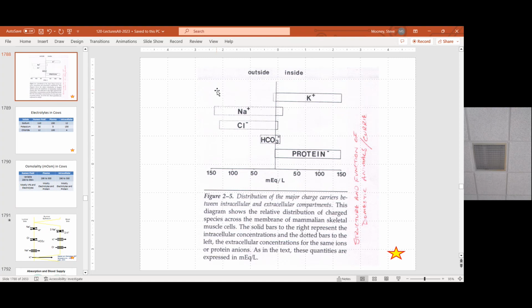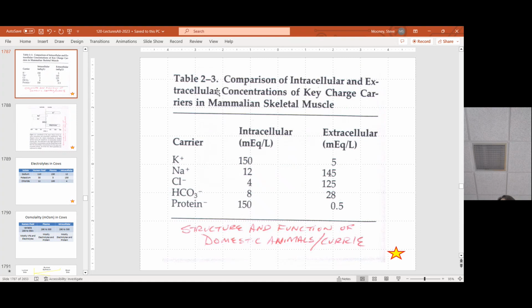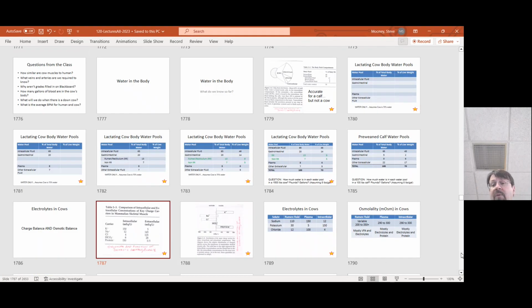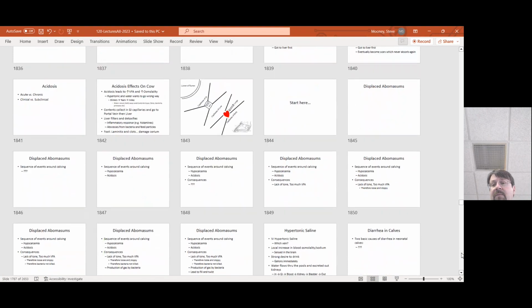You also have the table in the slide before that shows a little bit more of the numbers. Both of those columns approach 300 inside and outside, isotonic. So does that clear up the homework and the questions related to that?